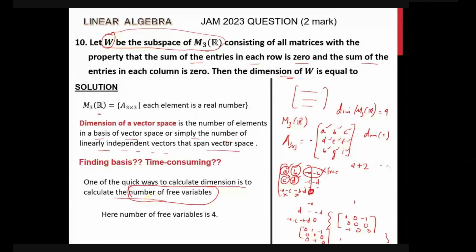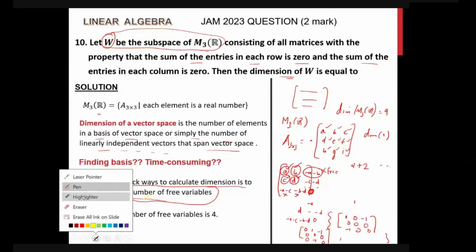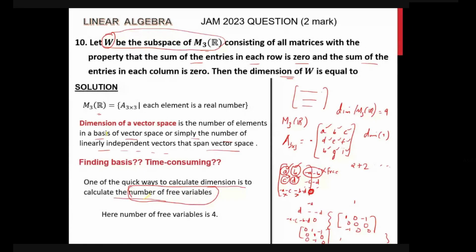Because if you find the basis elements and then count the number of elements in the basis, it will be very time consuming. In such questions, the easier method is to count the free variables. For example, I will show you one more example.